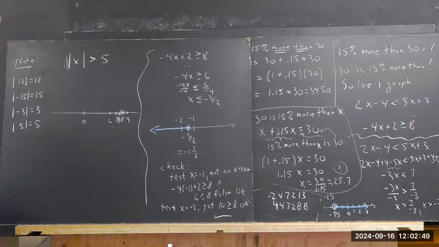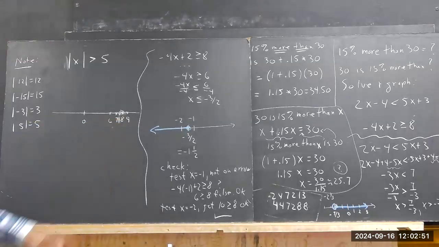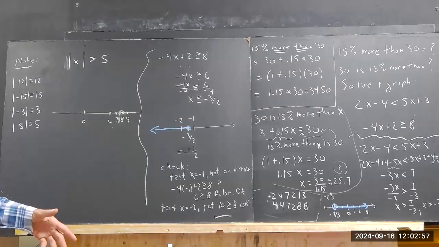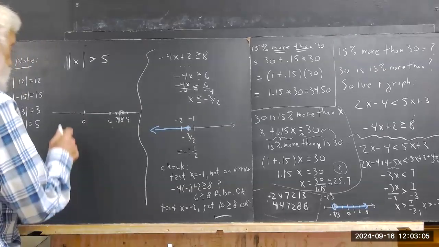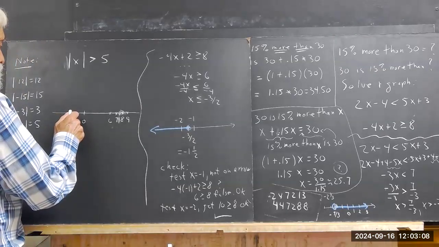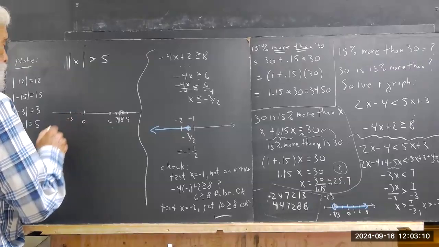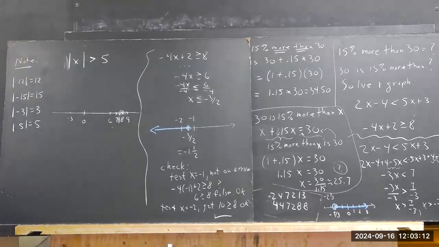Okay, so I think I saw most of these numbers on your fingers, right? Now, can you give me some numbers to the left of 0 that satisfy it? Okay, now we got -3, which would be about here. And what's the absolute value of -3?